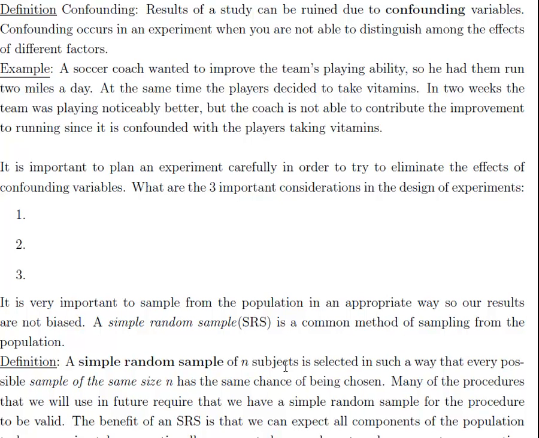So if we're monitoring cancer and we're recording whether or not the patient smokes, then a confounding variable would be maybe diet or exercise. So those are also things that would affect whether or not the patient developed cancer. And so they might be confounding with the smoking. So the cause of the cancer can't be determined because of these confounding variables.